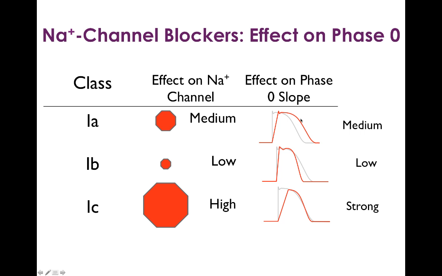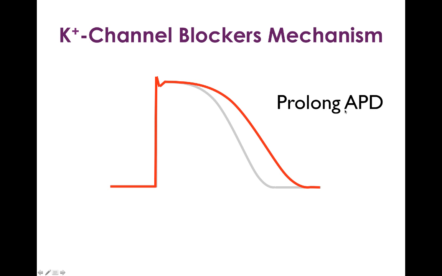And recall that 1A drugs have the most effect on phase 3 of the action potential, prolonging the action potential duration the most. And again, potassium channel blockers, the class 3 antiarrhythmics, prolong action potential duration because they interfere with potassium channels, which are responsible for repolarization of the cell membrane.